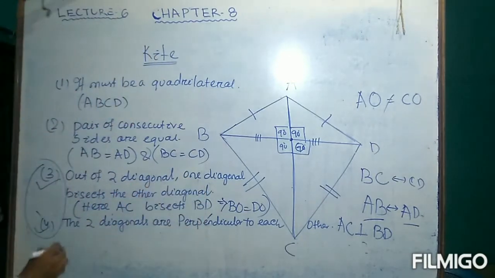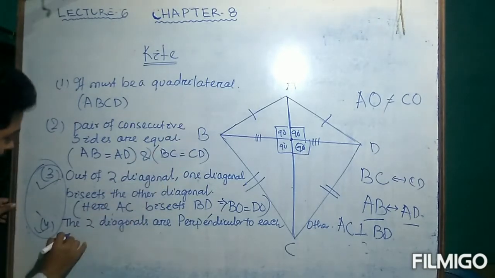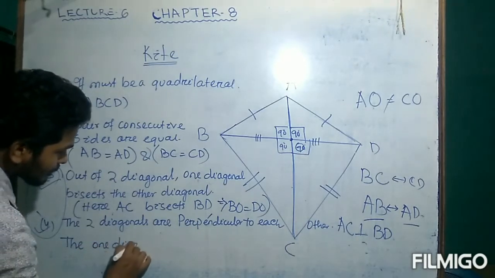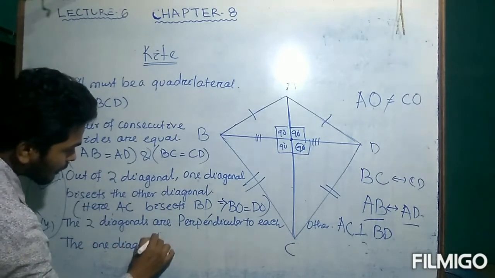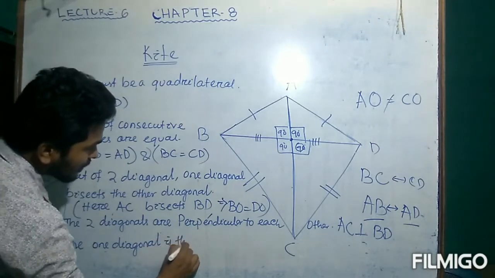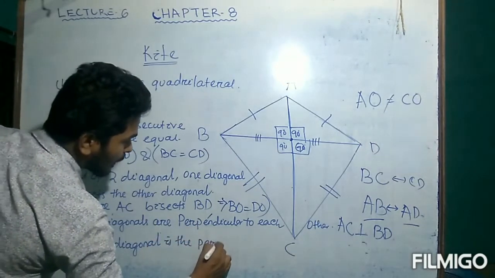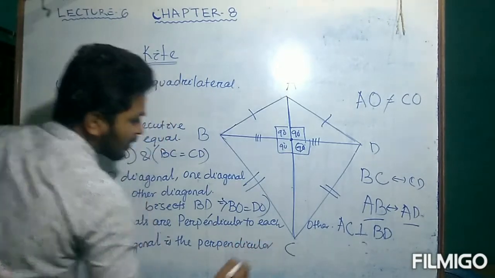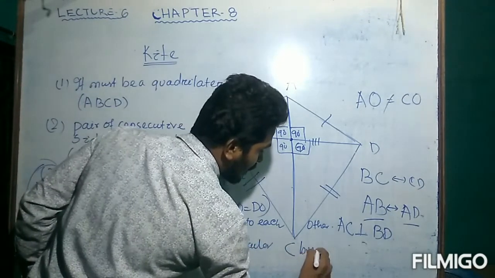So you have to write that one diagonal is the perpendicular bisector of another.